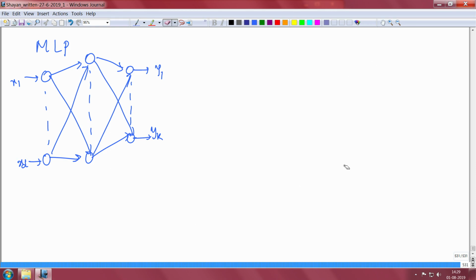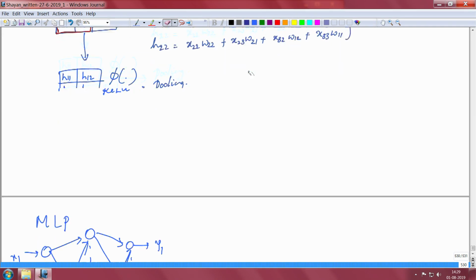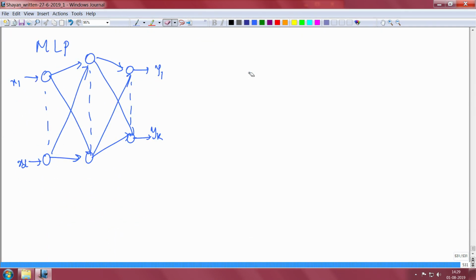So, for that let us go back to the set of equations that I wrote here. We have 4 different terms, H11 up to H22. Using these equations we will understand the differences. So, we will see the CNN here.